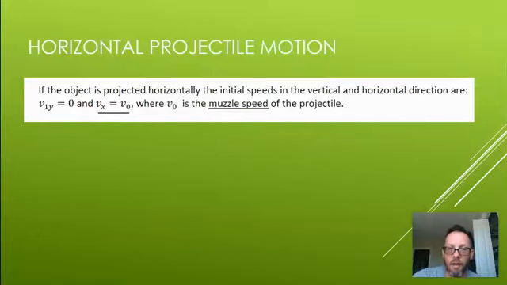V1y is 0. And I'm in the habit of referring to the initial speed of a projectile as the muzzle speed. So when you hear me say muzzle speed or muzzle velocity, it's the speed with which the projectile leaves the cannon, or jumps off a cliff, or what have you.